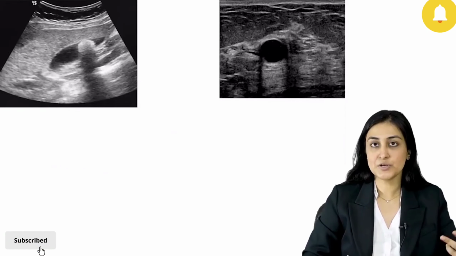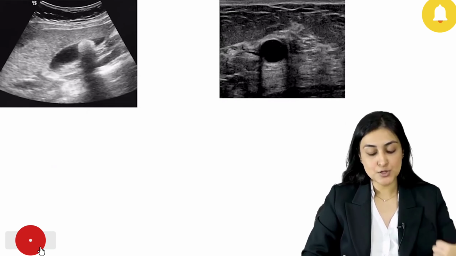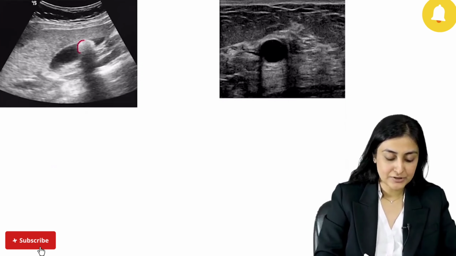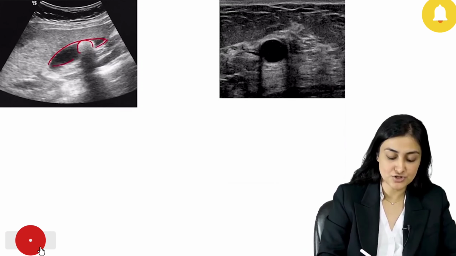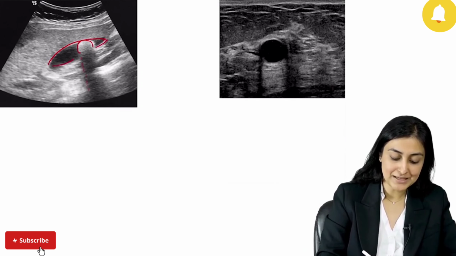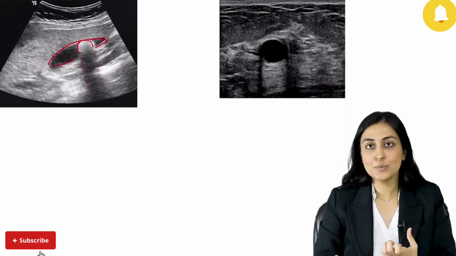Now 2 artifacts I want to show you on ultrasound which are very, very useful. When you see this kind of appearance, where this is the gallbladder, and within the gallbladder you have this very white hyperechoic structure which produces what? Behind it, do you see there's this shadow behind it?